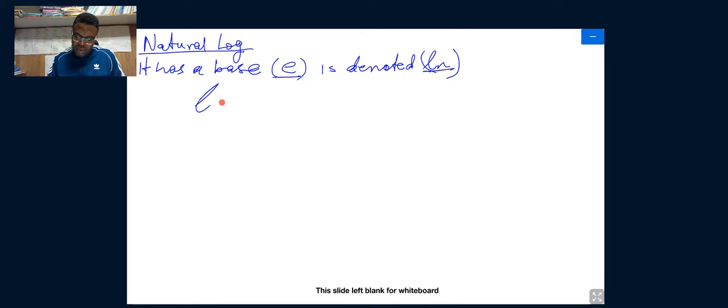If you have ln x, this is a natural log. It is the same as having log x to the base e.